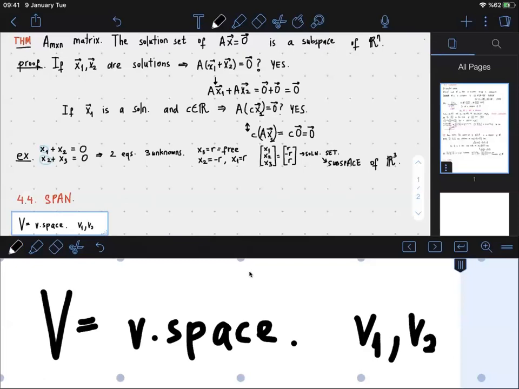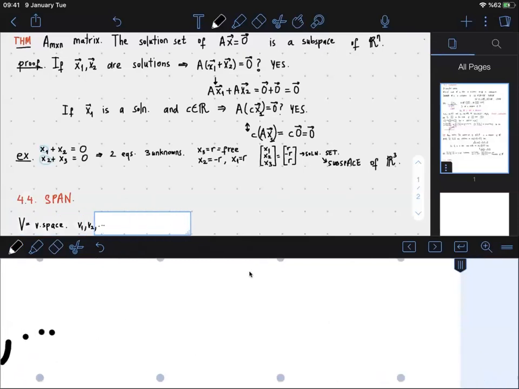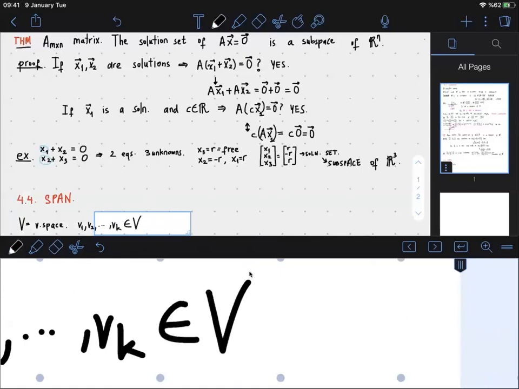Let's call them v1, v2, up to vk. So these are vectors in this vector space. This vector space can be anything. Okay, let me write the definition.